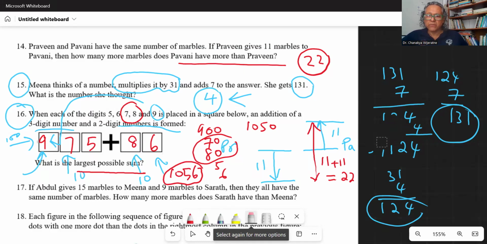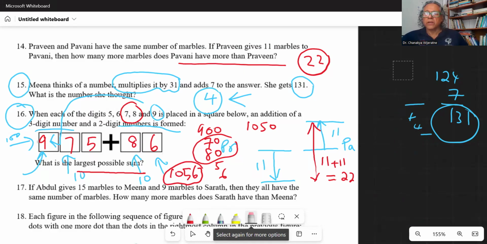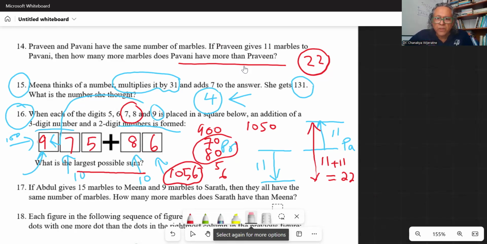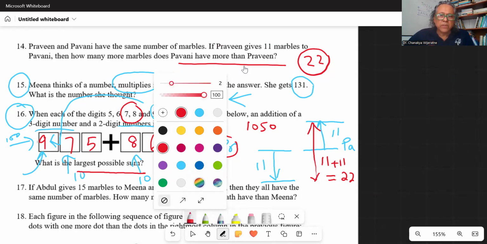My pen is not working as fast as I would like it to. Now all these are erased. Okay, let's go to the question. I need to get my favorite color, light blue, a cool color.